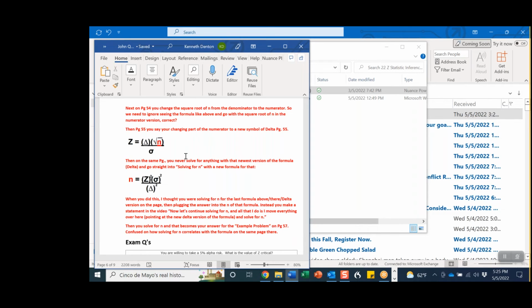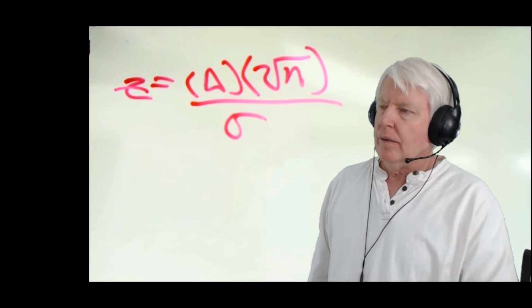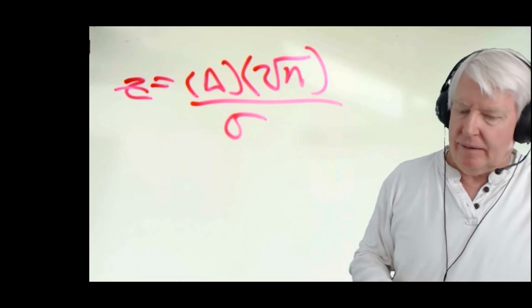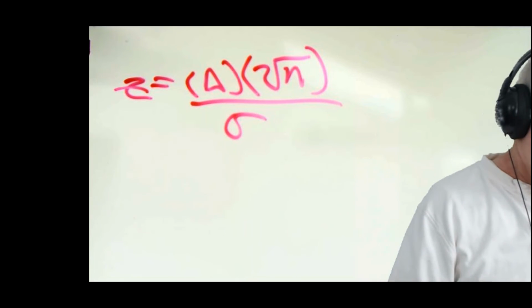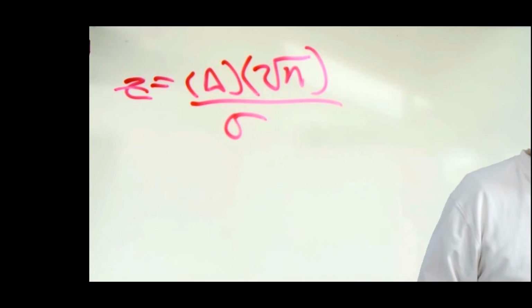Well, I'm going to switch back to me and solve this for us. So this is what we had, right? Z equals delta square root of n divided by sigma. Yes.